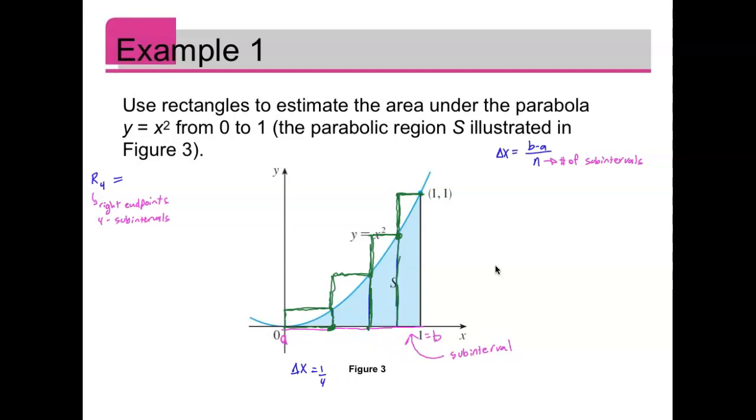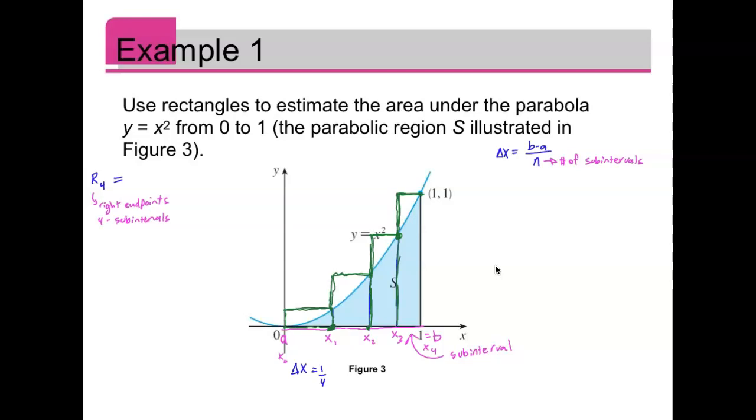So the way we label indices is your leftmost endpoint is x sub 0. And then it would be x1, x2, x3, and then your rightmost endpoint in this case is x4. Meaning your index label should always match how many subintervals you have. So I have 4 subintervals. My last index label is x4.